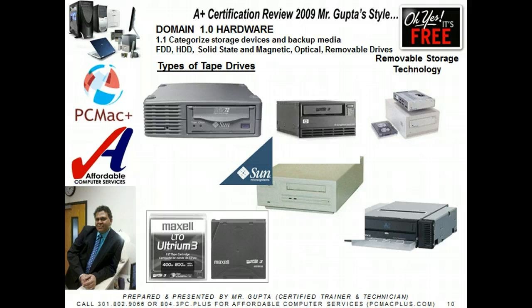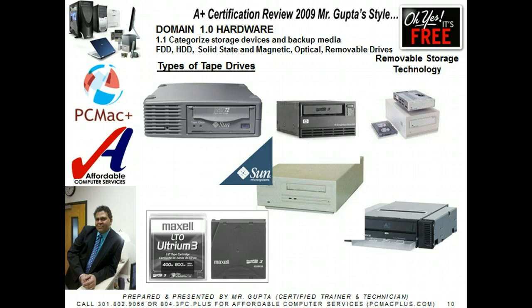The next one is LTO Ultrium 2, which is LTO. Also, they have LTO Ultrium 3 and LTO Ultrium 4, sometimes referred to as LTO cartridges. LTO Ultrium 4 holds up to 800 gigabytes native or 1.6 terabytes compressed data.